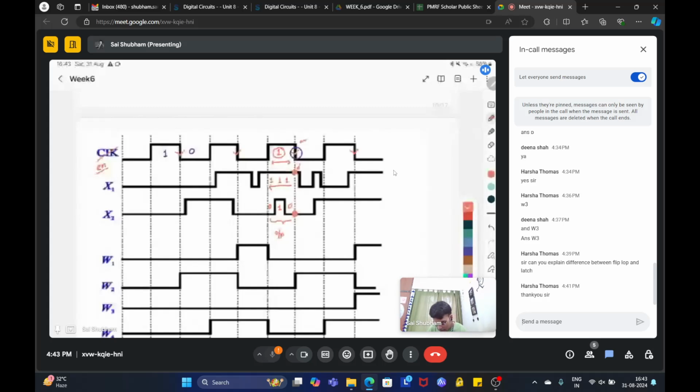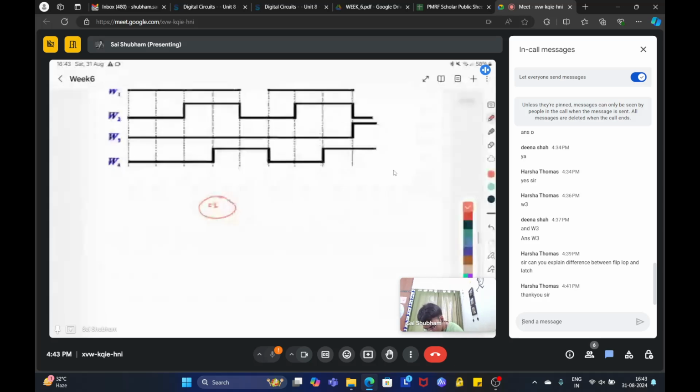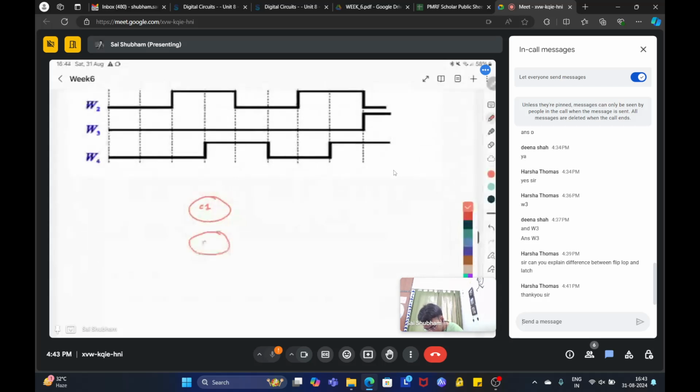So this is the benefit of a flip-flop, because in a very large circuit, what happens is that the output from, suppose you have combinational circuit 1. A combinational circuit is where you have a different combination of gates, okay, AND gate, OR gate. So this is a combinational circuit. This is another combinational circuit. Fine.